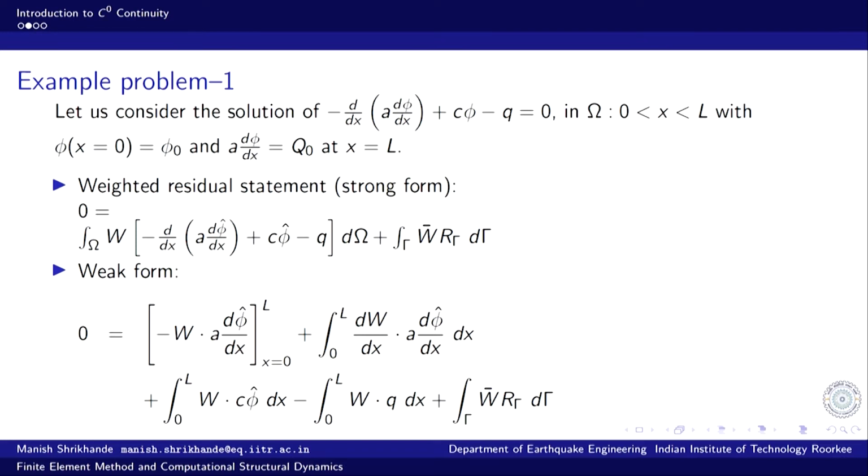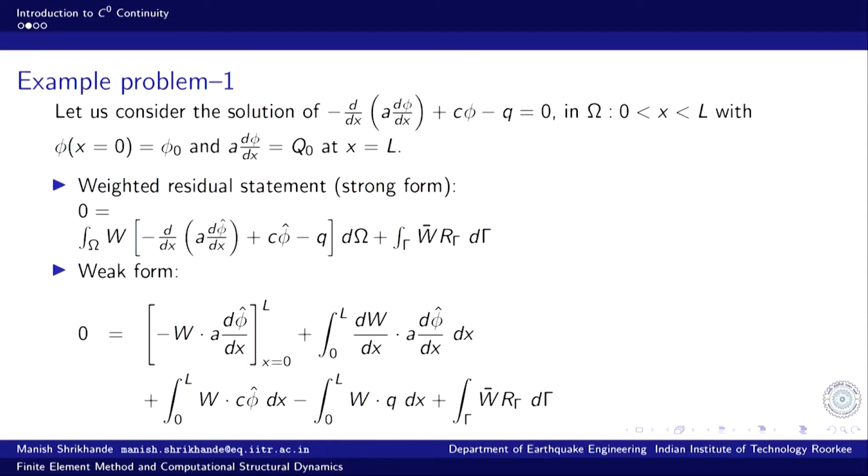Now, obviously we discussed that the reason why this is called a weak form is that the highest order derivative is decreased, while the strong form had the second order derivative as the highest order of derivative on the approximate solution phi hat. In the weak form, the highest order derivative on the approximation is only first order.